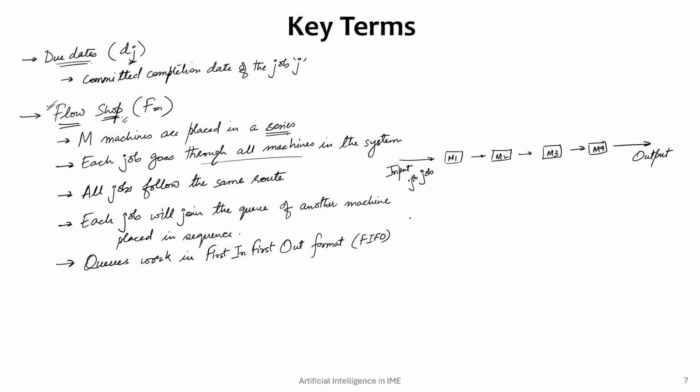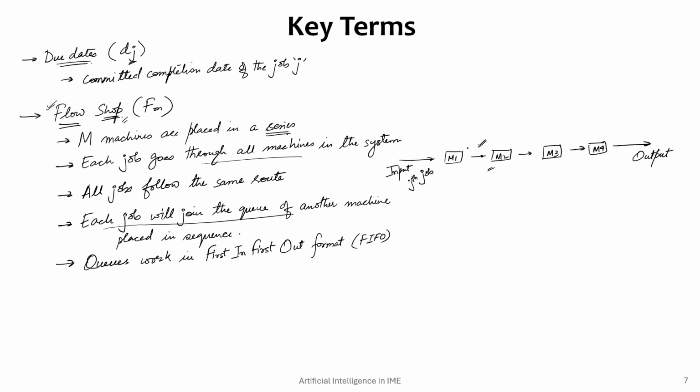Okay. Now let's say the processing time of M2 is very large. So most of your jobs will try to get accumulated at this position. So this is the queue for M2, right? So that is why we are saying here that each job will join the queue of another machine placed in sequence. So if this is the bottleneck of this whole system, then the queue will increase here, okay?